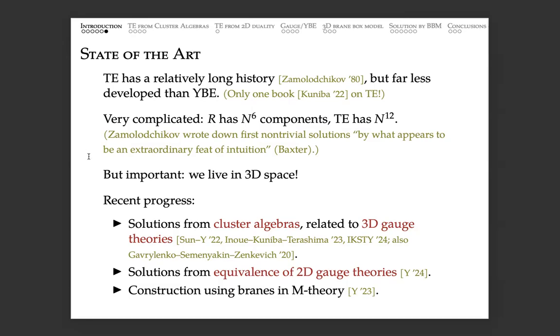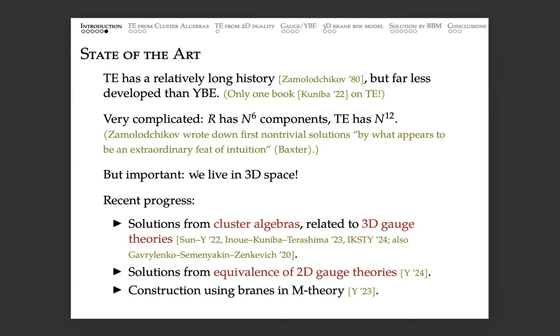But I would also like to emphasize that even though there hasn't been much progress compared to the Yang-Baxter equation, there are some important advances. The tetrahedron equation is certainly interesting and important. The primary reason, I would say, is that we actually live in three-dimensional space, so it should make sense for us to study three-dimensional integrable lattice models.